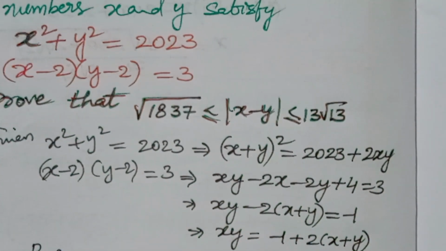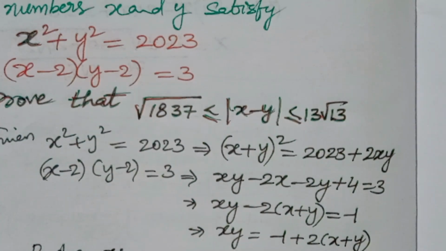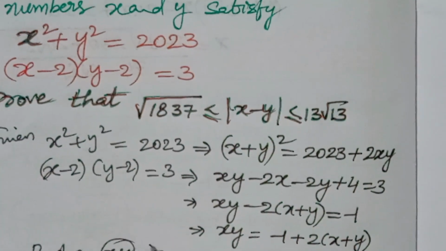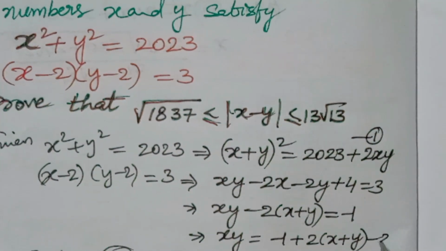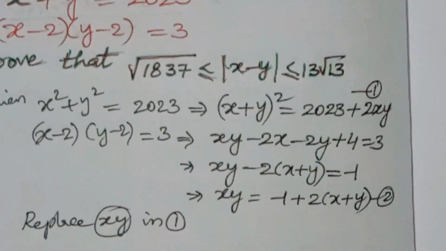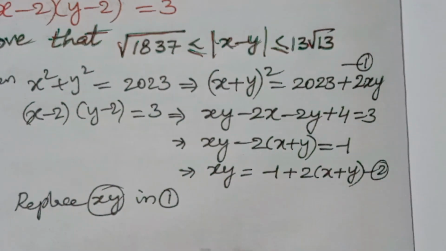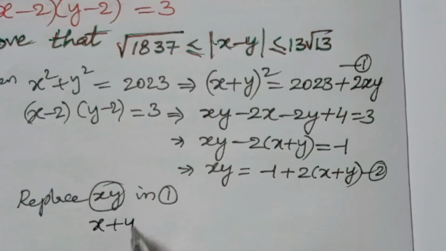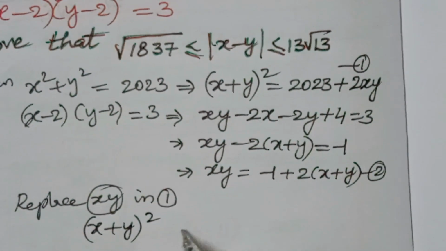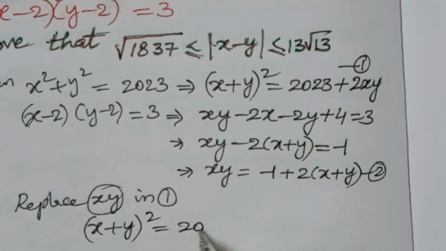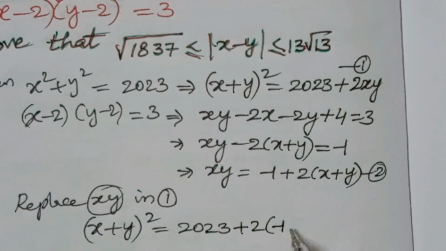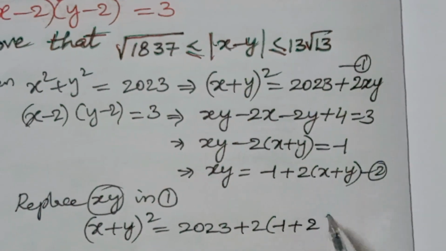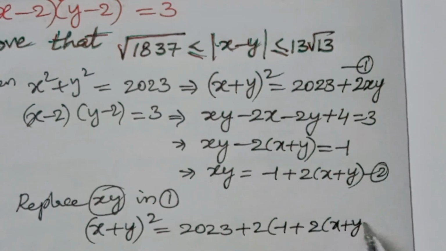Now replace the xy value in equation 1. In this, keep in mind this is 1 and this is 2. Replace the xy value in 1: (x plus y) whole squared is equal to 2023 plus 2 times (minus 1 plus 2(x plus y)).